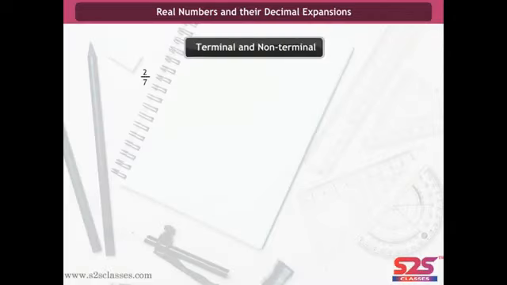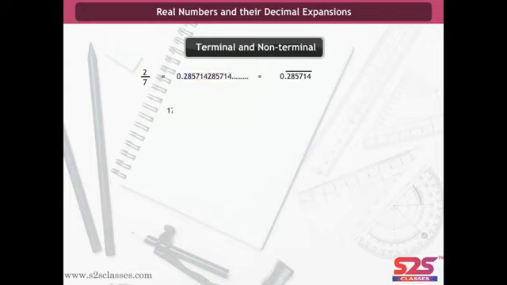Whenever we divide 2 by 7, we get 0.285714285714 and so on, which is equal to 0.285714 bar. Here 0.285714 bar means that the group of digits 285714 is repeating.